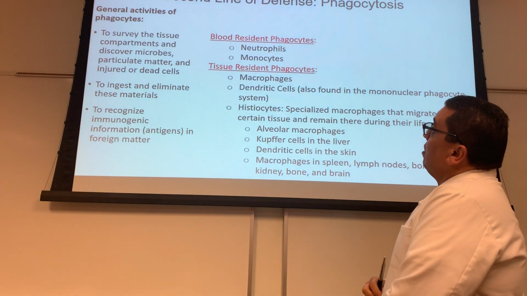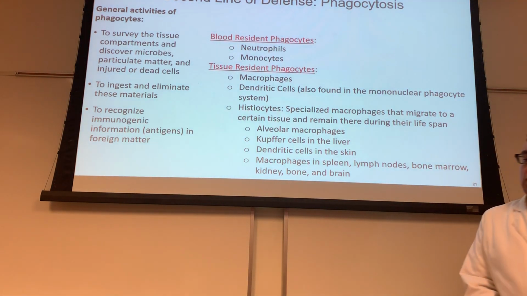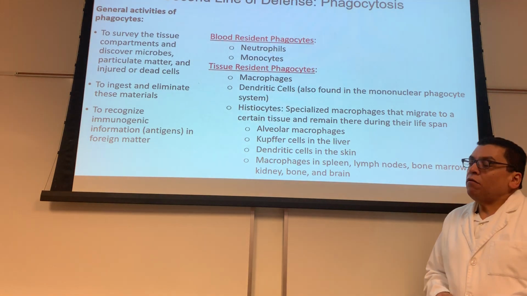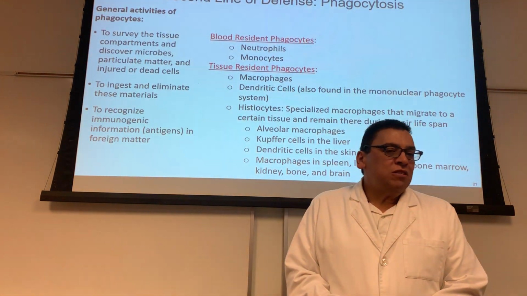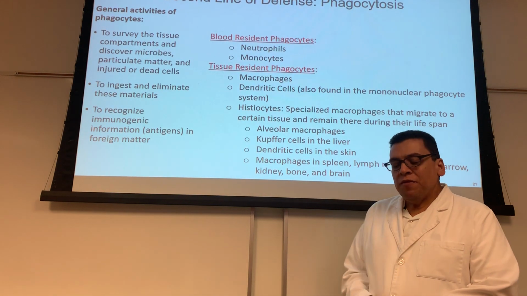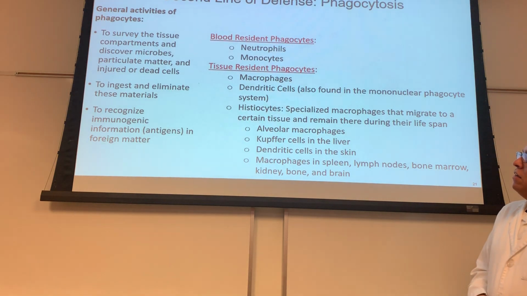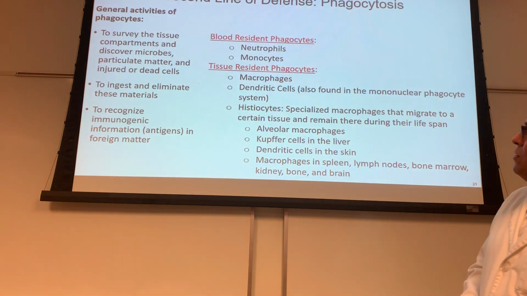This slide starts the second line of defense mechanisms, and it starts talking about the main players, at least some of them, the macrophages. Macrophages and their phagocytic characteristics, the fact that they can phagocytose the bacteria, are a component of the second line of defense mechanisms.